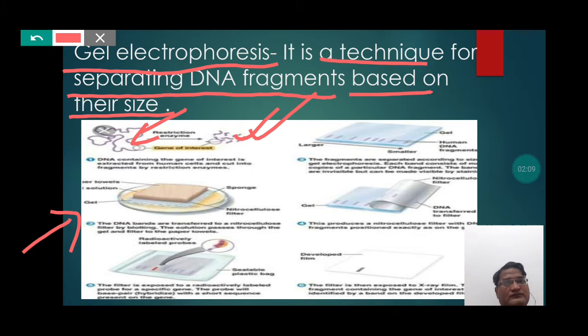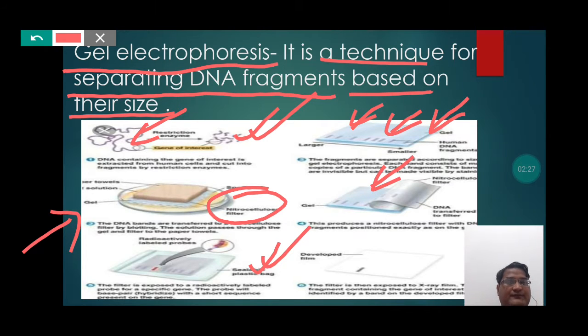Thereafter, with the help of nitrocellulose paper, it has been separated, and thereafter by the help of gel electrophoresis, the different shape and size of the DNA are being further separated, and the whole process takes place on the agarose gel solution.